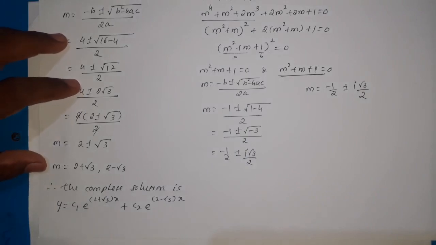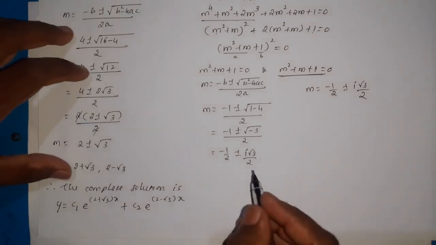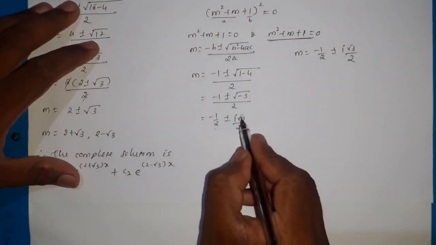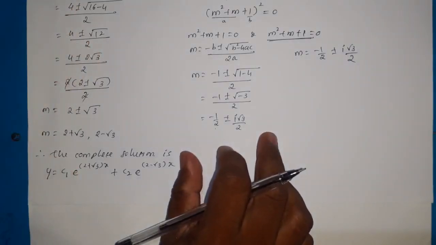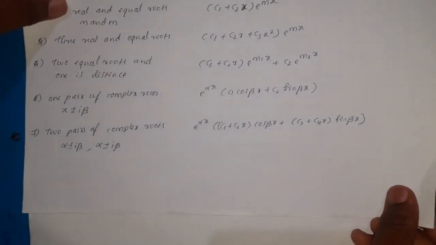So, two pairs of complex roots, that is the last case of writing the complementary function in that list. Here minus 1 by 2 is the real part and root 3 by 2 is the imaginary part.